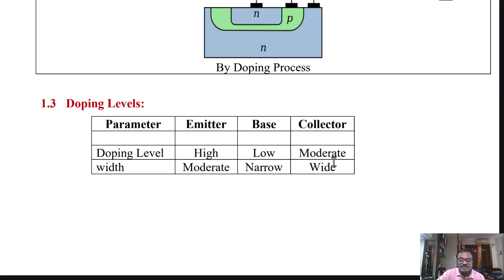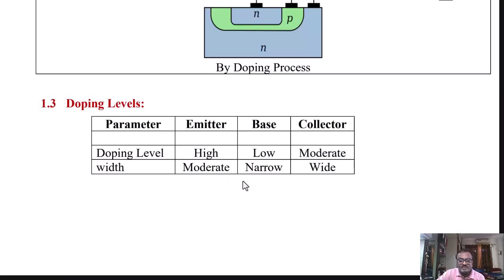The collector is normally wider for high voltage BJTs because the width of the collector is proportional to the collector to base breakdown voltage. For large breakdown voltage, the collector width required will be larger.